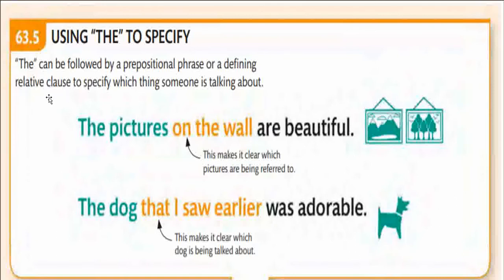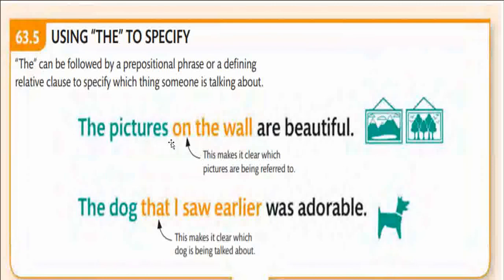Relative clauses means the clauses beginning with those relative pronouns: who, that, which, whose. Or it can be a prepositional phrase like on the wall, in the room, etc. So 'the' is used before the noun, the pictures, and it's a plural noun.